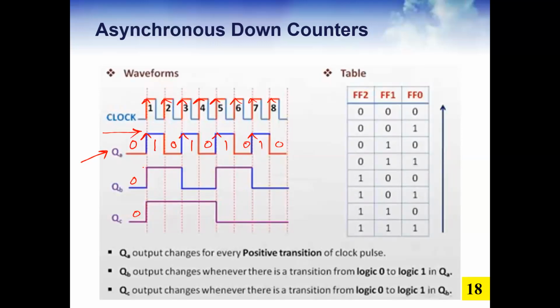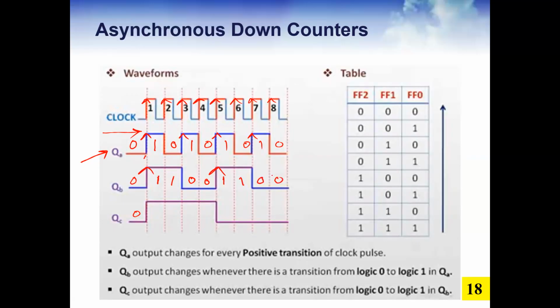Again, it is a positive edge, so we can highlight the positive edges. For this one, you can see the frequency is now half of that one. We can observe 0, and as this trigger comes, it becomes 1, and it stays 1 until the next edge comes. The next edge is here, so it becomes 0, and stays 0 until the next edge comes. Then it will be 1, then 0, like that.